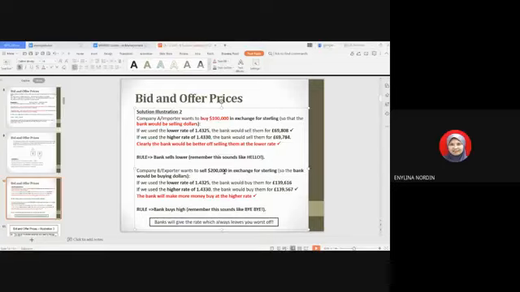That means the bank has to use 1.4325, not 1.4330. So if using 1.4325 to sell the dollar, how much pound would the bank sell them for?